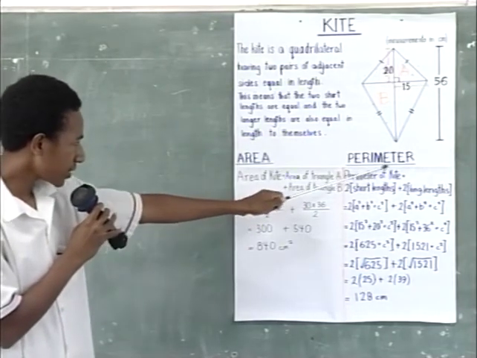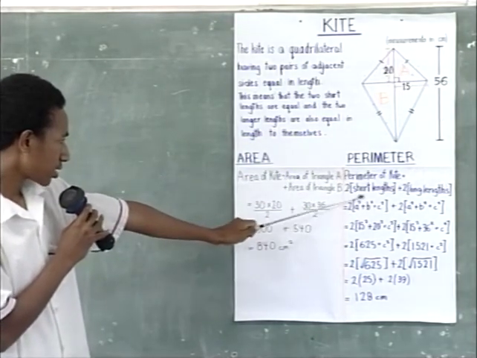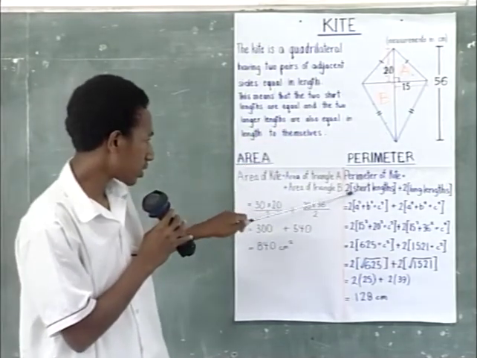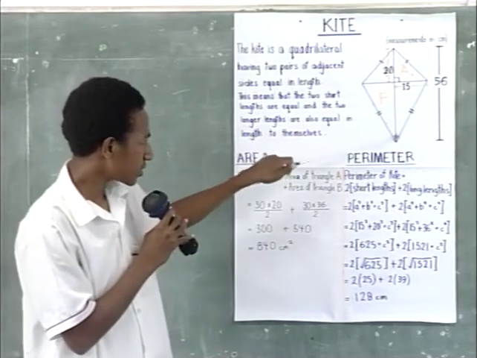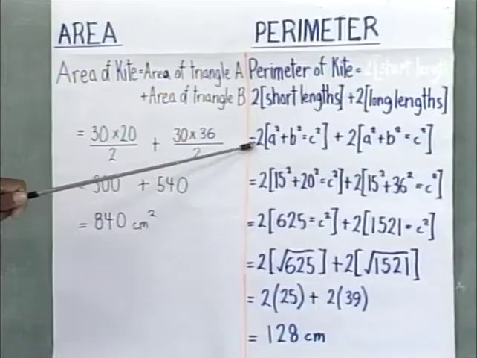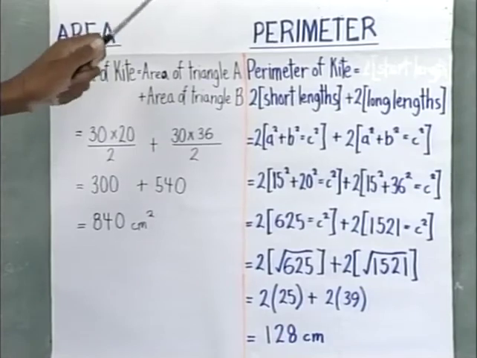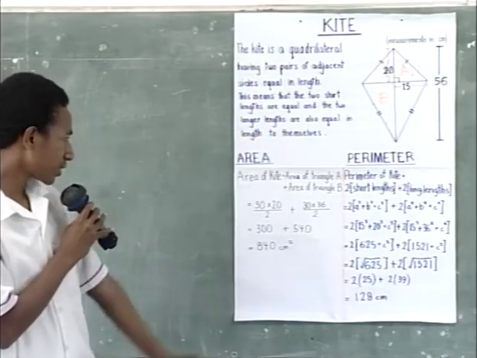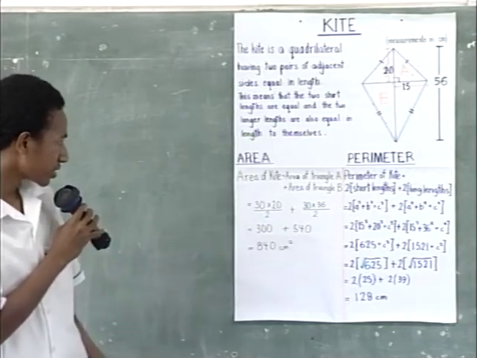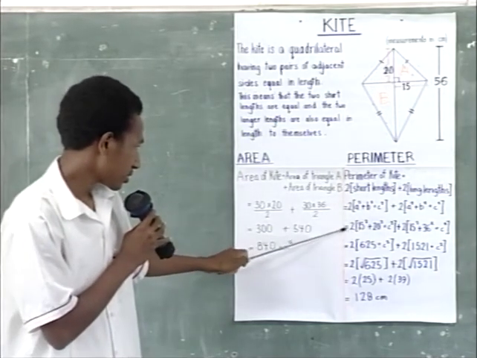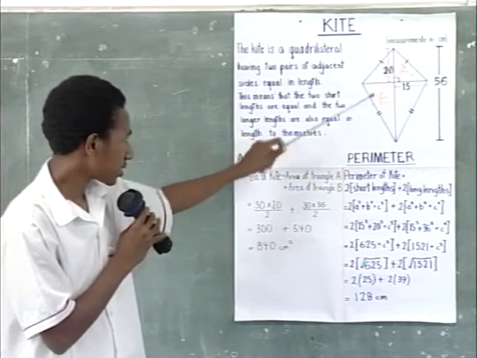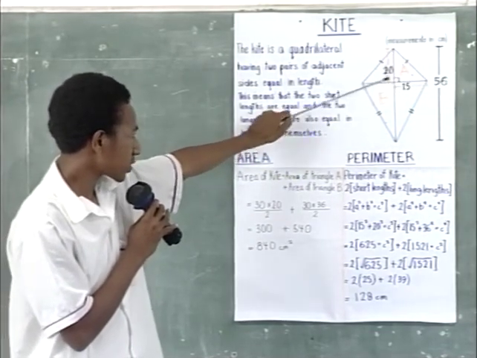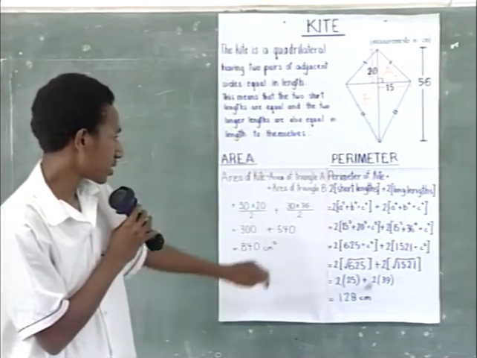To find the perimeter of a kite, we multiply the shorter lengths by 2 and the longer lengths by 2. So in this instance, we haven't written down the outside length, so we'll have to use the Pythagoras theorem. So 15 squared plus 20 squared, we will find this length.